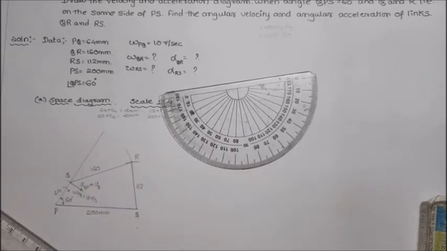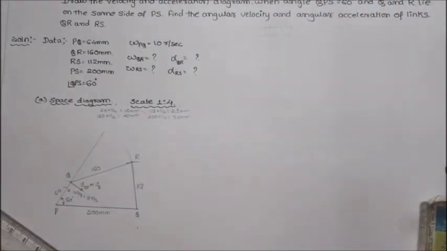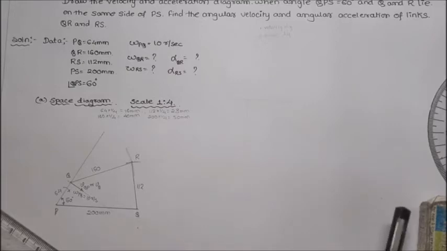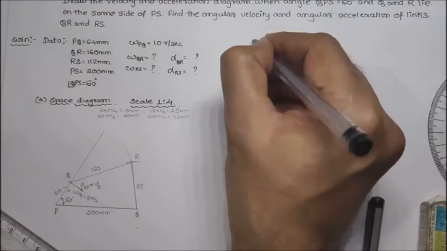it is also given as velocity of Q only. Both can be written. So using this one, what can we find out? We can find out the velocity of Q with respect to P, or velocity of Q only. So how to find out? For that, we write here.